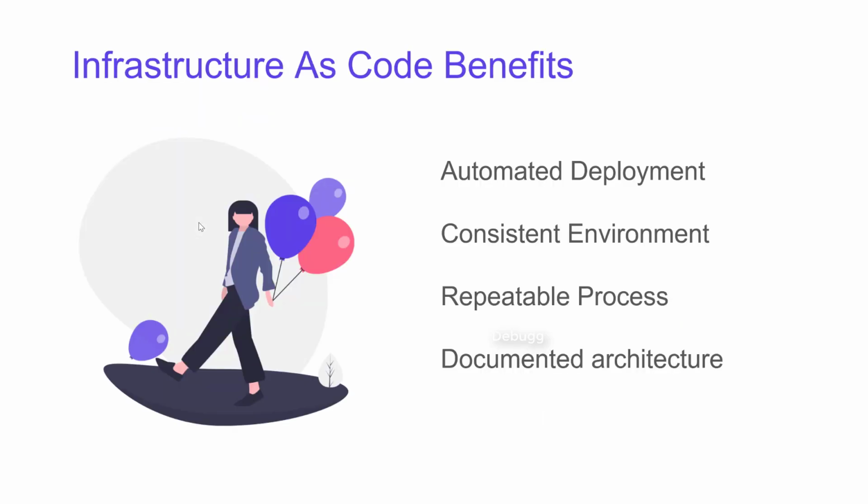The benefits of infrastructure as code, or Terraform, start with automated deployment. The resources which we create in Azure or GCP will be automatically provisioned, and they will be consistent in the environment because we are writing the code and providing those properties correctly, so consistency will be there on everything we create, and it's a repeatable process.